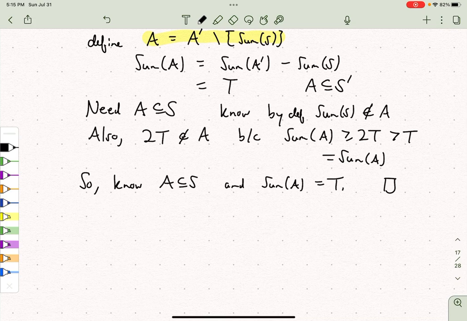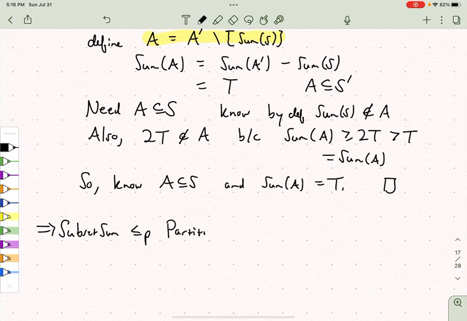Okay, so we know now that subset sum polytime reduces to partition. And that implies that partition is NP hard. Why?